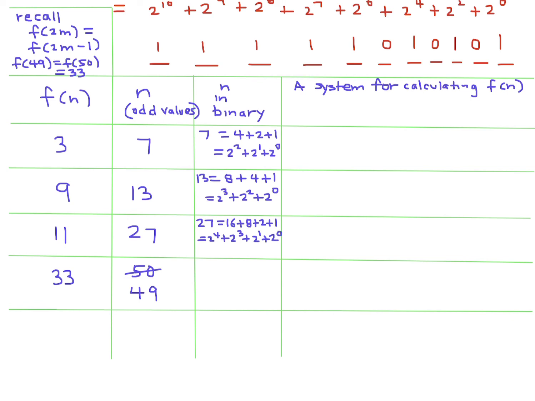All right, I know you're thinking, where is this heading? Is there any rhyme or reason for what you're doing here? Just bear with me. One more. 49. Well, what is 49? It is equal to 32 plus 16 plus 1, which is 2 to the power of 5 plus 2 to the power of 4 plus 2 to the power of 0.